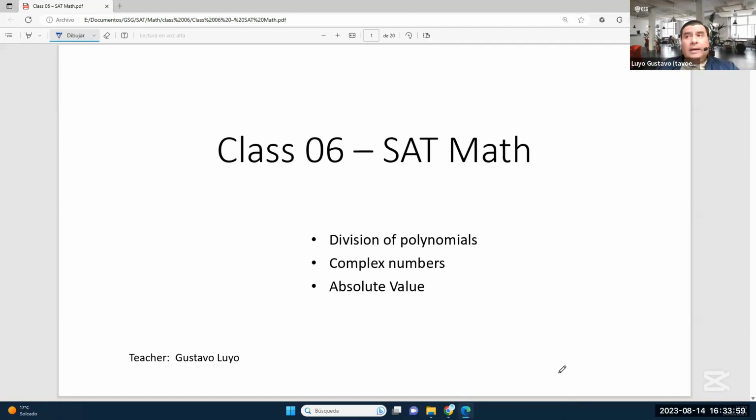SAT questions that include polynomials are focused always on the division operation and the fact that when you try to do a division, you may have not always just an exact quotient, but you may have a remainder. So we'll deal with that.